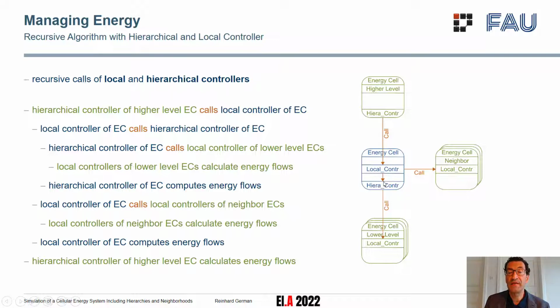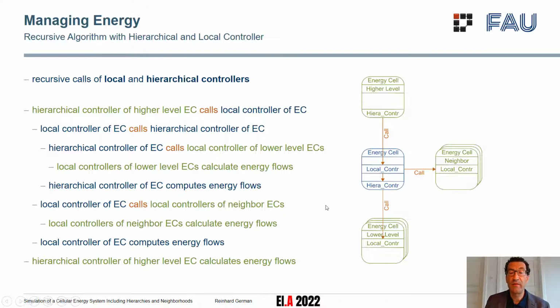That first gives over to the hierarchical controller, which asks the children about the energy flows and tries to resolve the balance. And if that is not possible, then control is given back to the local controller, which then asks the neighbors to do that. Control is given back, and then again back to the higher level energy cell.